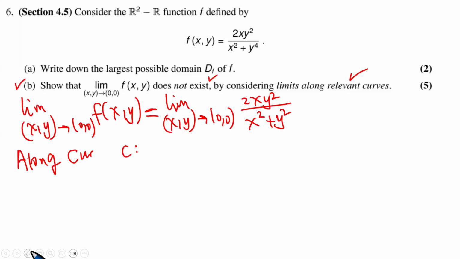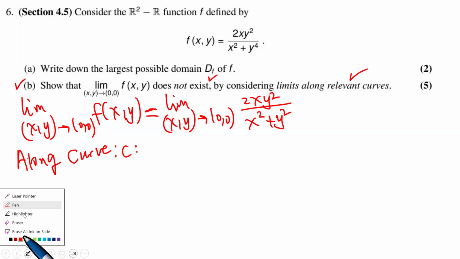That's a good question. A curve is relevant if it passes through the point that x and y approach. Both x and y approach 0 and 0, so a curve is relevant if the point (0, 0) satisfies the curve.